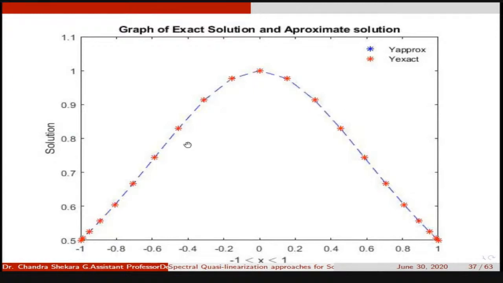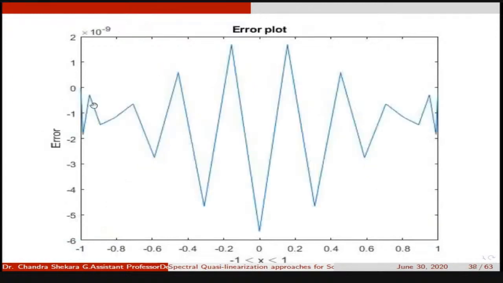If we calculate the error in this solution, this is the error given at each collocation point. Here the error is 2 into 10 power minus 9, so we got almost 9 digits of accuracy. The error is very small, therefore this method works very well.